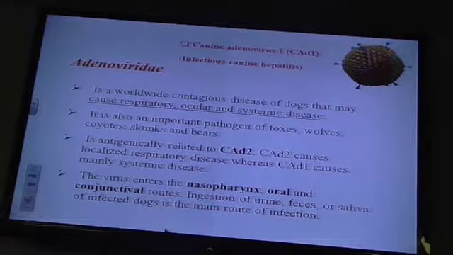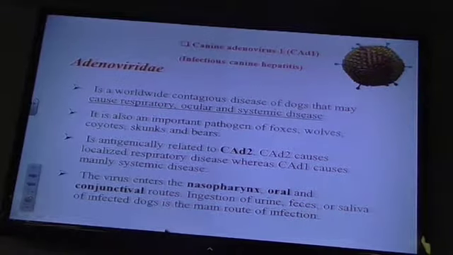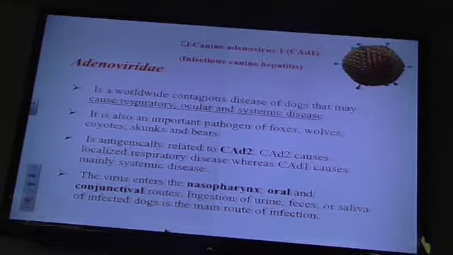Okay, so what is adenovirus 1 infection? It causes respiratory, ocular, and systemic disease. So when you hear adenovirus, adenoviridae, a family of viruses, think respiratory, think ocular, think systemic disease.